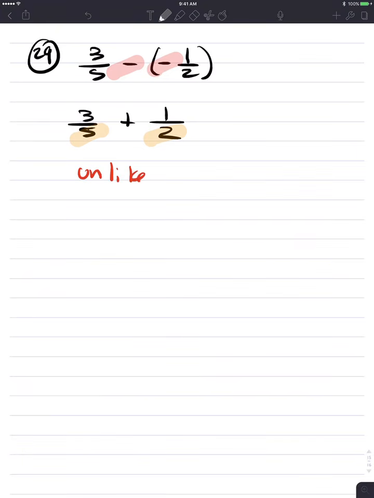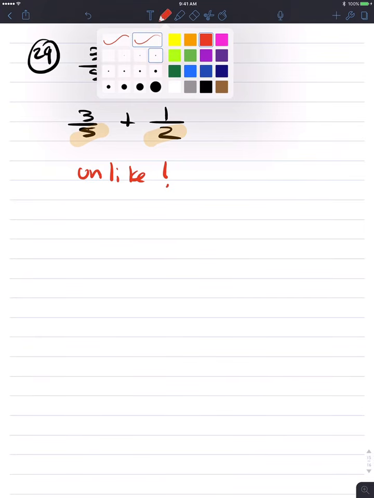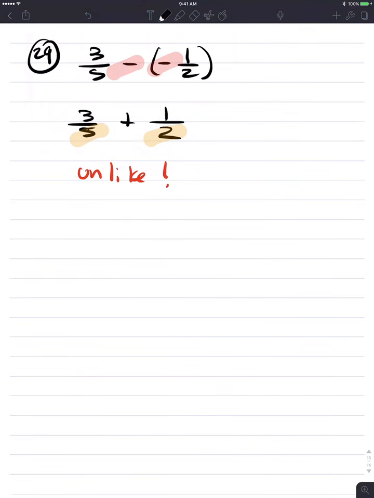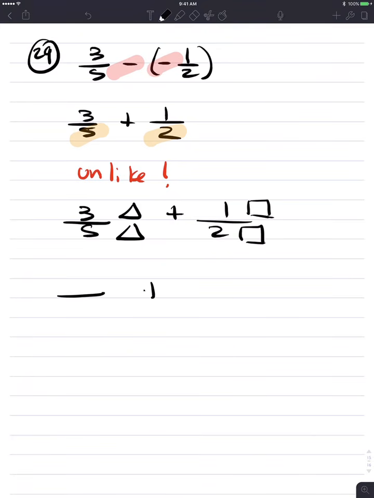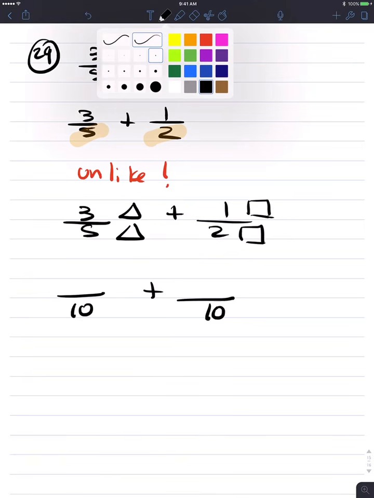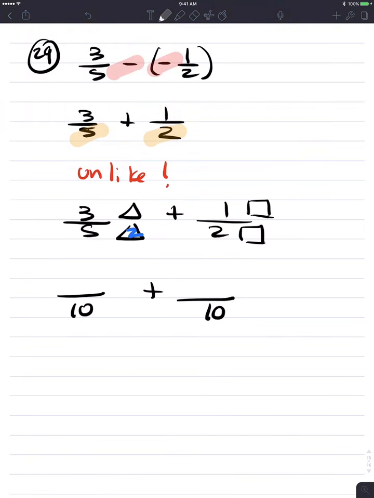They have different denominators. We're going to have to go through our setup. We have to determine the LCM of 5 and 2. Now the LCM of 5 and 2 we're going to find is 10. So 5 times 2 is 10, and 2 times 5 is 10.